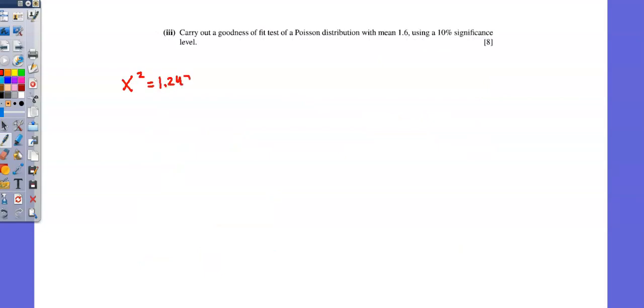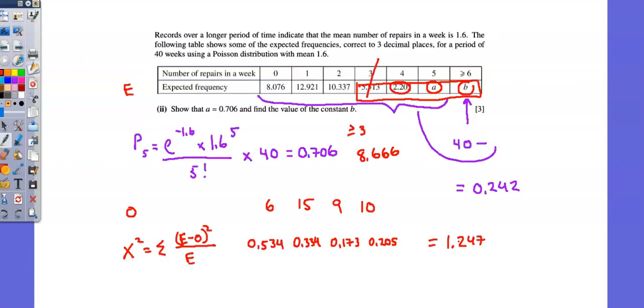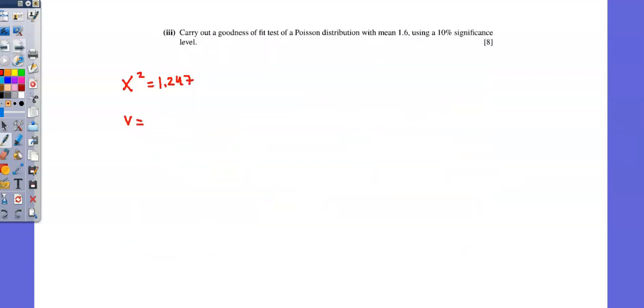From here, I want to identify degrees of freedom. Looking back, after combining, I have 4 categories, 0, 1, 2, and greater than or equal to 3. Standard minus 1, minus any estimated parameters. Here 0. In part 1, we did estimate the mean, but we're using the given mean of 1.6 in this analysis, not an estimate, so we don't have any estimated parameters.